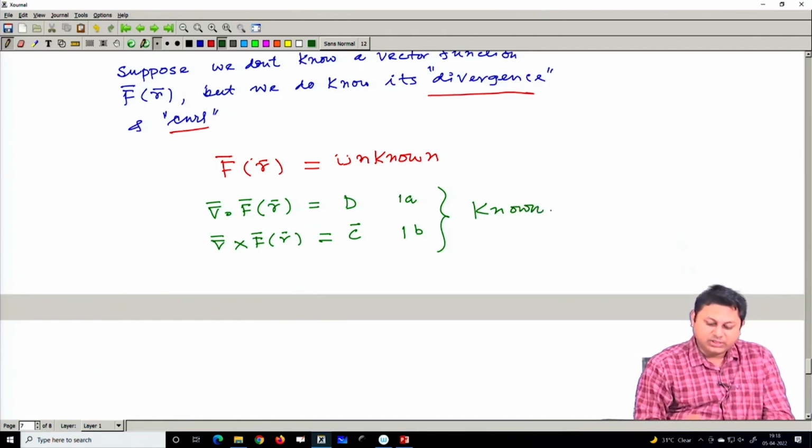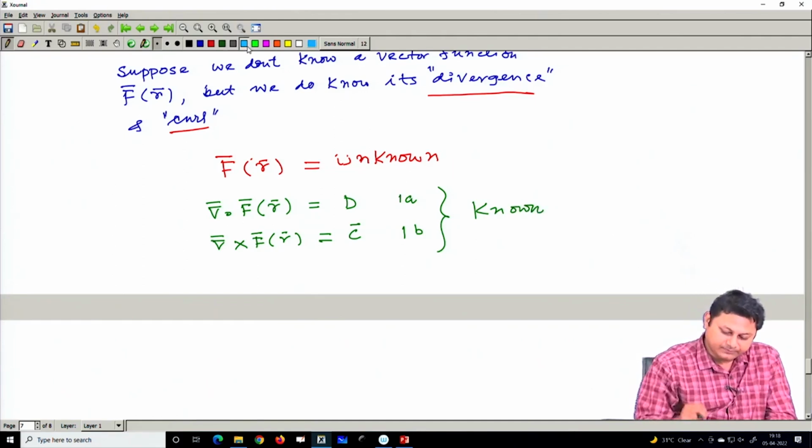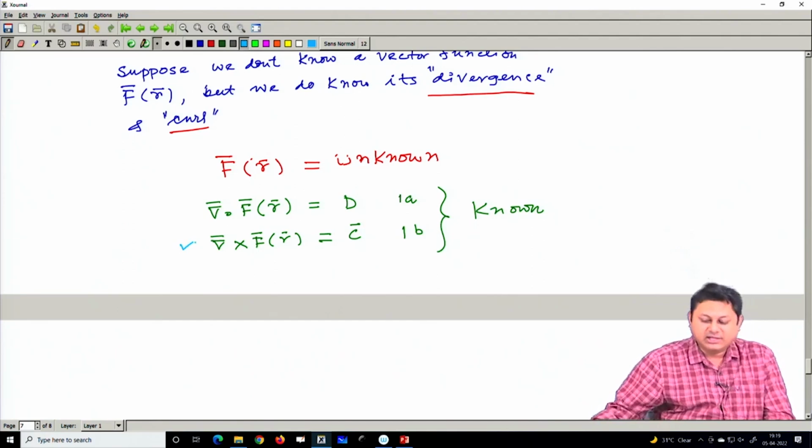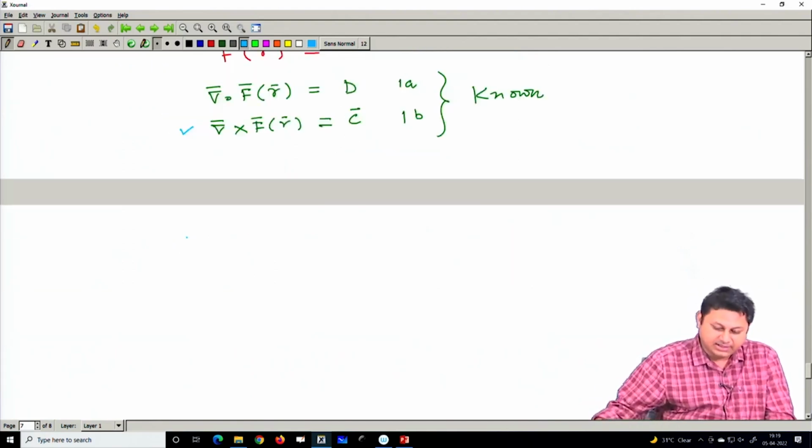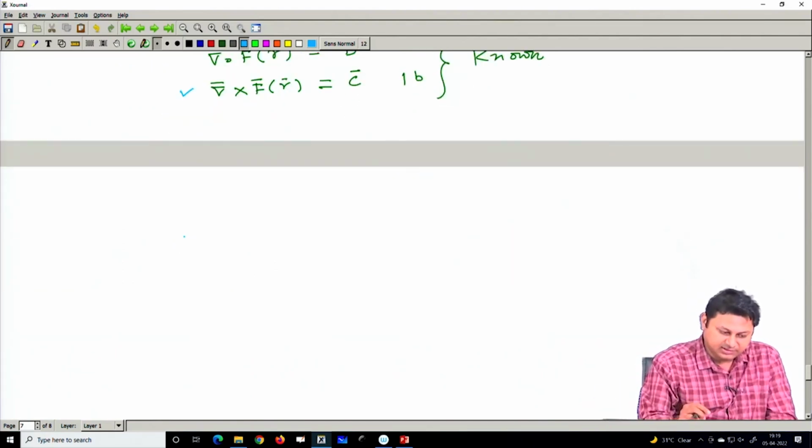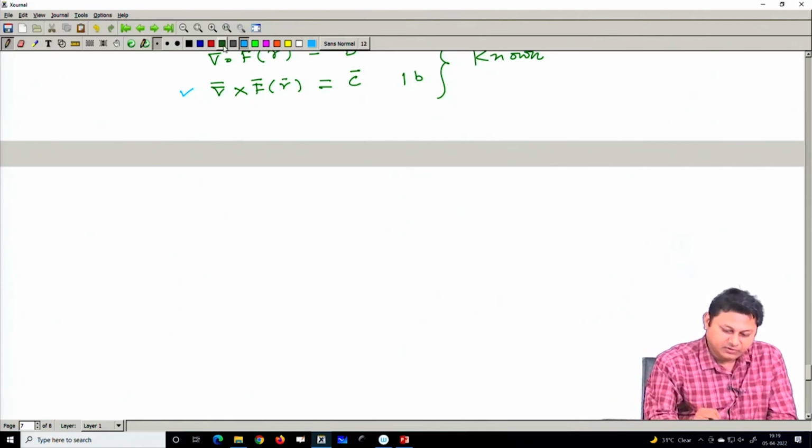Note that once we know this equation, it readily gives us another piece of information.